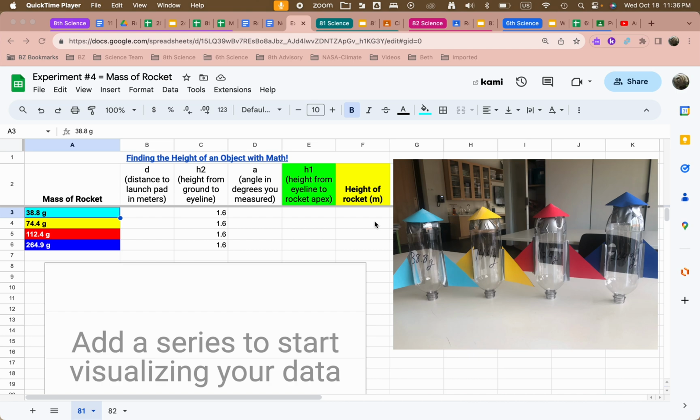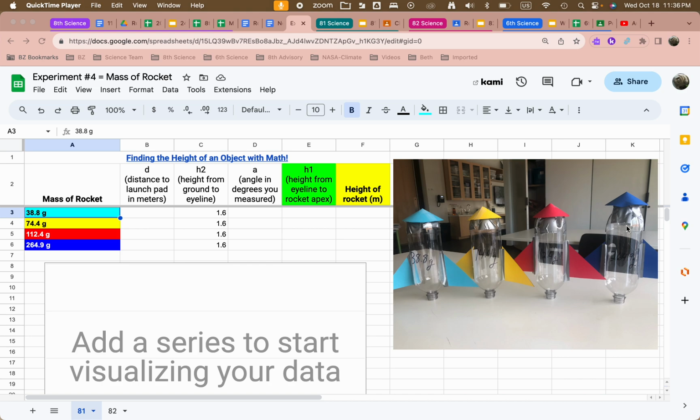And the yellow rocket is 74.4 grams. The red rocket is 112.4 grams. And the blue rocket here is 264.9 grams.